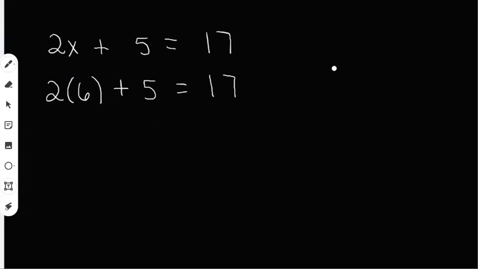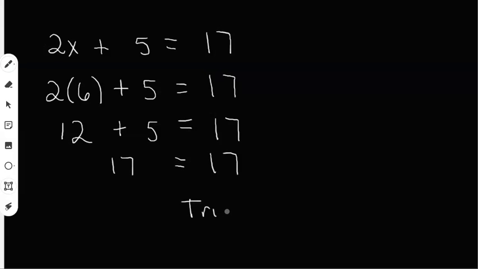And then I just work out what I can work out. 2 times 6 is 12. I bring down the plus 5. And then 12 plus 5 is 17, right? So you should get a true statement at the end. 17 equals 17, that is true.